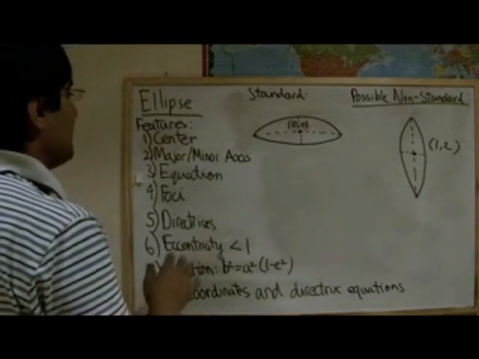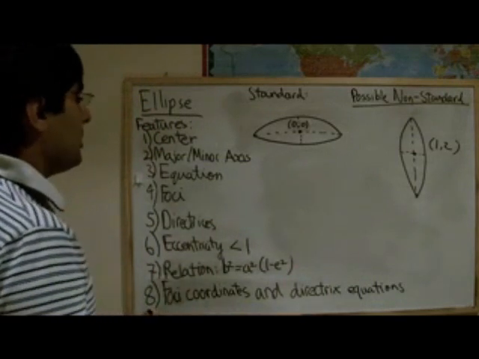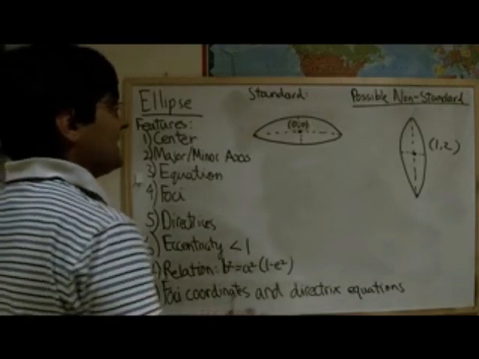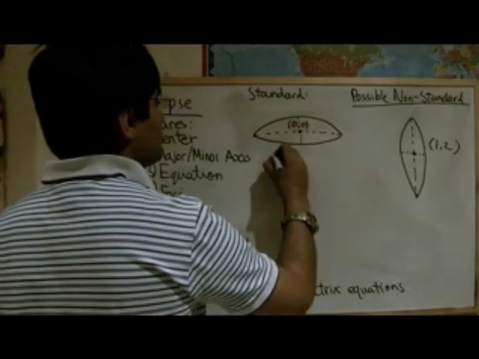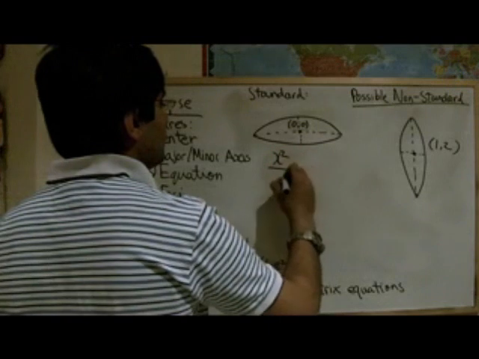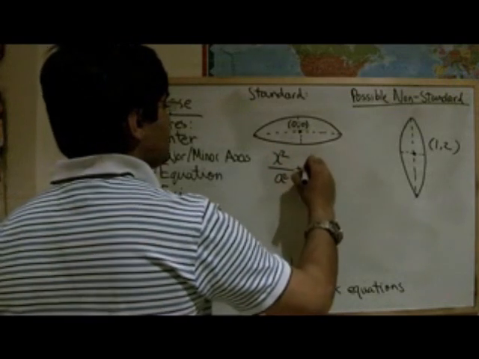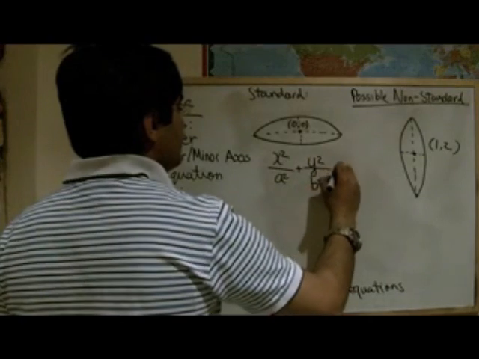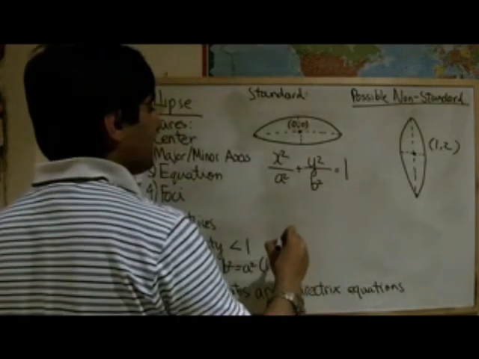So that takes care of the major and minor axis. What about the equation of the standard ellipse? The standard ellipse has equation x squared over a squared plus y squared over b squared is equal to 1.